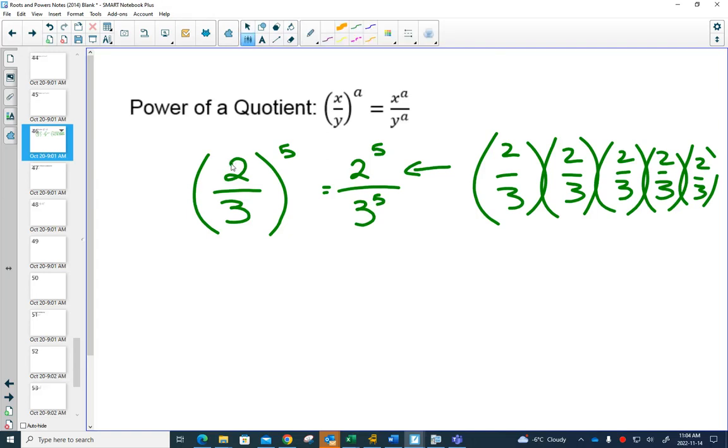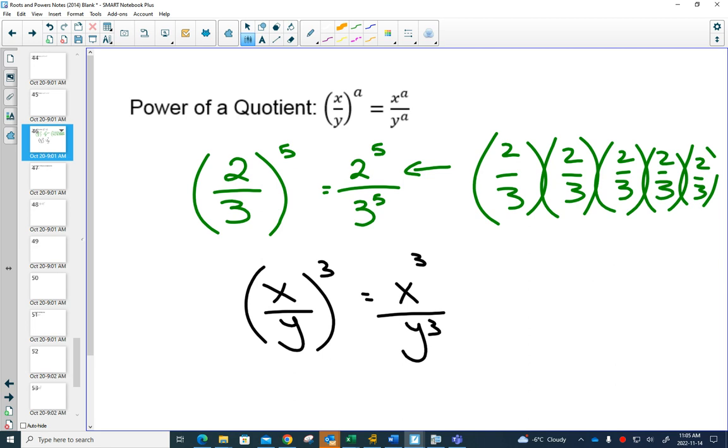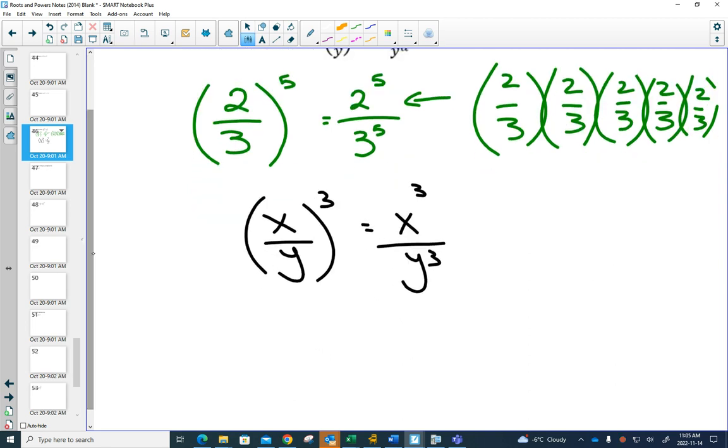And the reason we have to look at numbers to understand it is because if you went to variables, this would be x cubed over y cubed. But if we went to fractions, if I had x squared over y to the 8, to the 1/3, all of a sudden we can't visualize it like we used to. So then we need to know the rules.